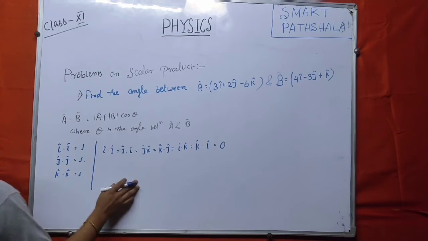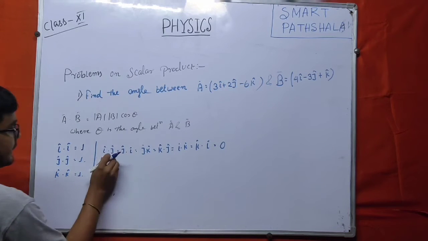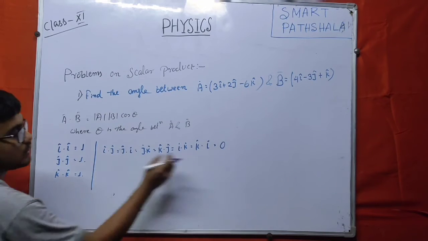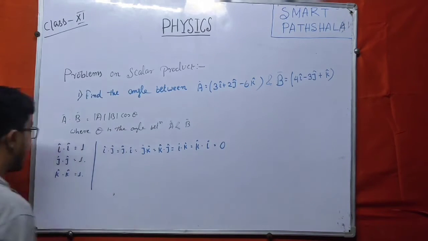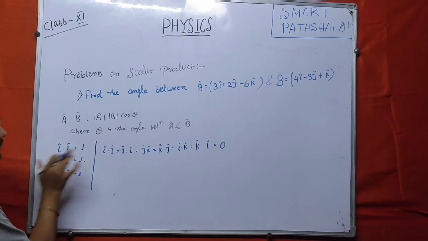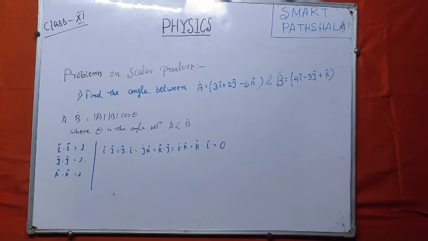That means the scalar product of two different unit vectors will give us 0, and two similar unit vectors will give us unity. This is the formula to be used in the problems of scalar product.